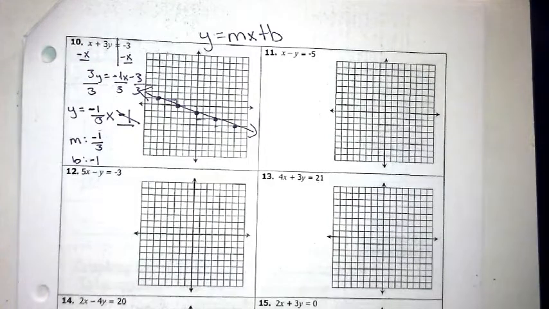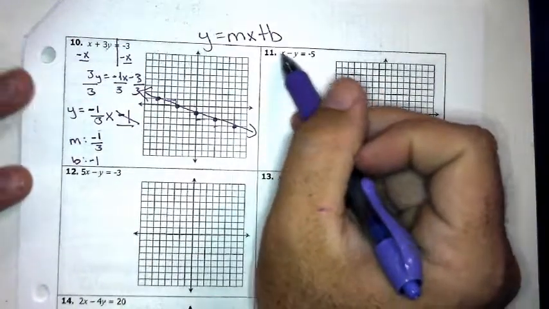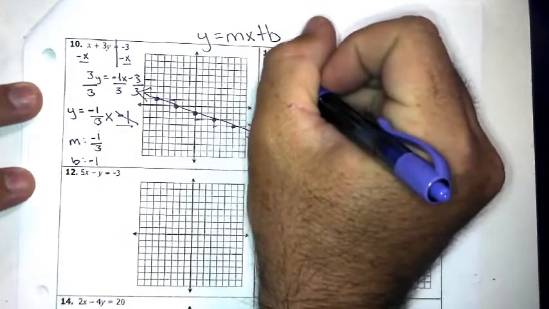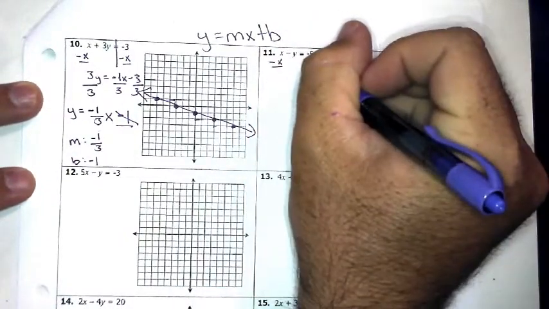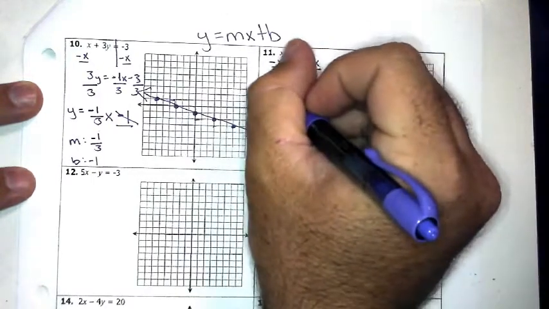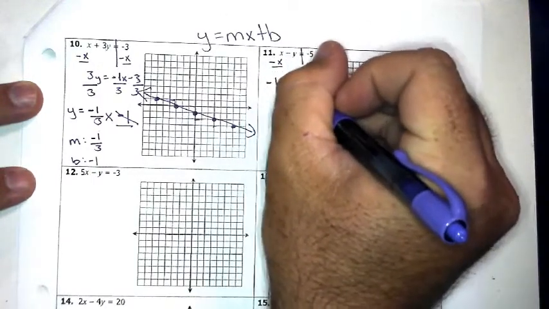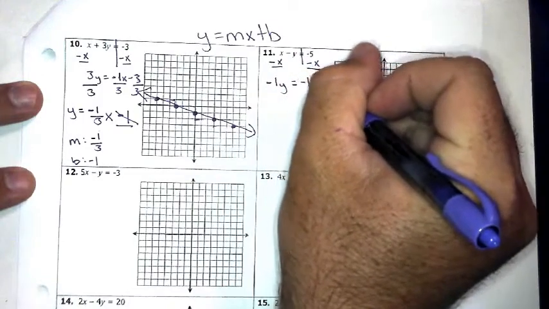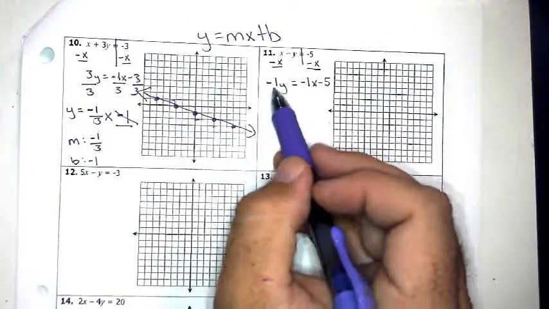This is standard form. Let's get into slope-intercept form. So I got to get x to the other side. I do that by adding or subtracting. Now I have -1y equals -1x minus 5. The reason why I'm putting the 1s there is because I know I'm going to have to divide or get into fractions. So I put the 1 there just so I have it.